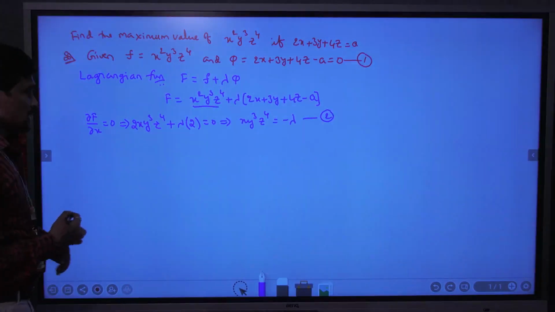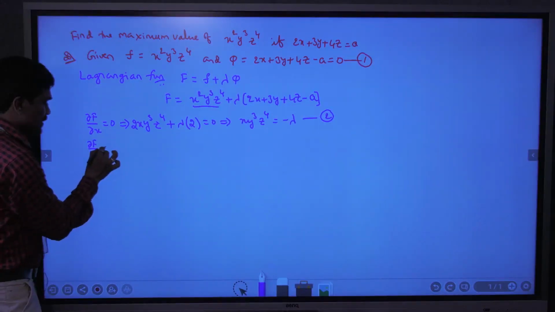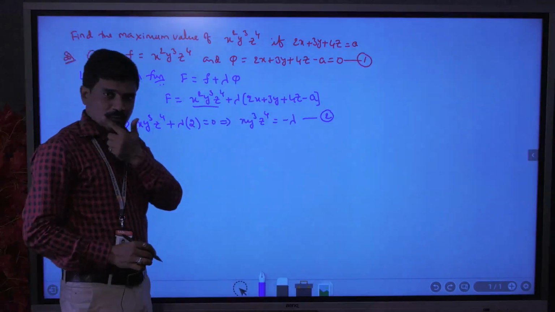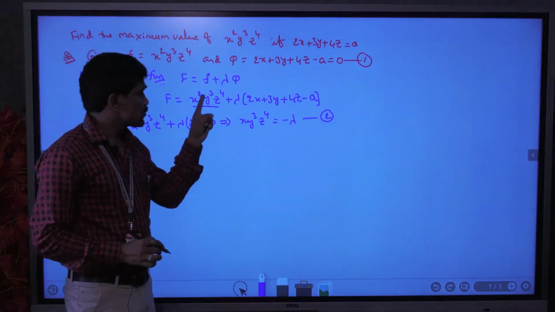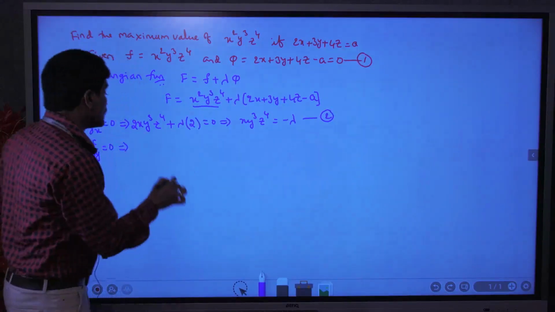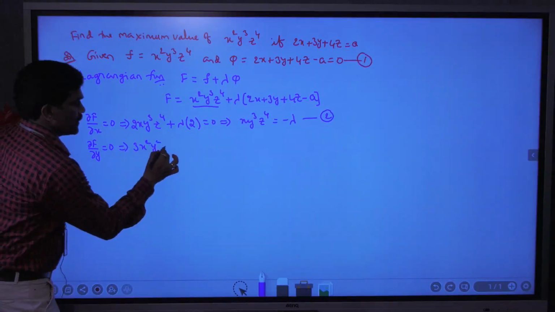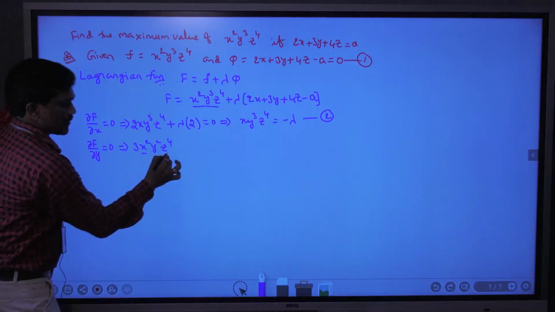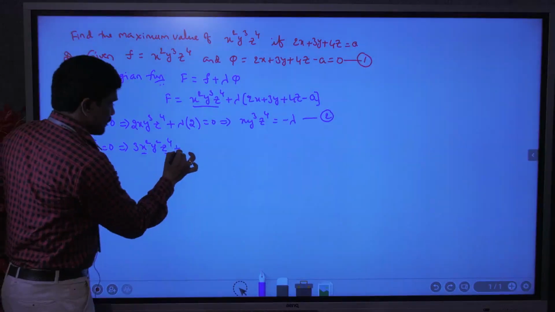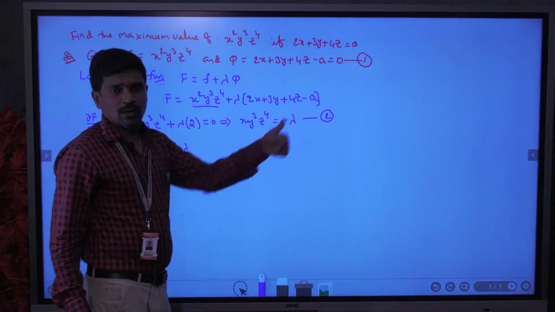Next write dou F by dou y is equal to 0. Now with respect to y, what is constant? x square z power 4 is constant. The derivative of y cube is 3y square, so 3 x square y square z power 4, plus lambda into the derivative of this function with respect to y, where x and z are constants.